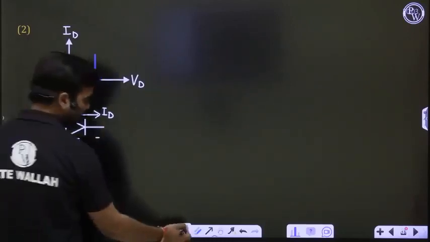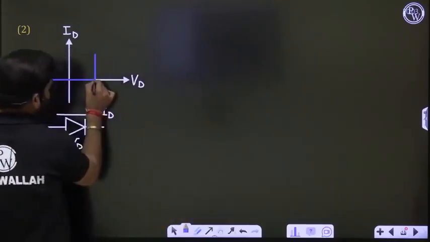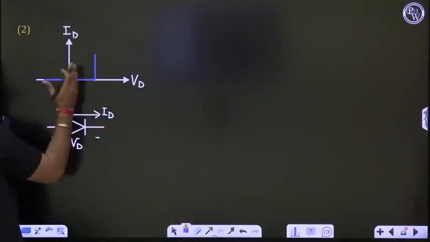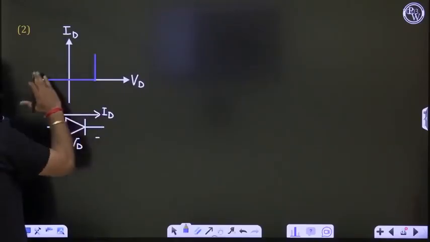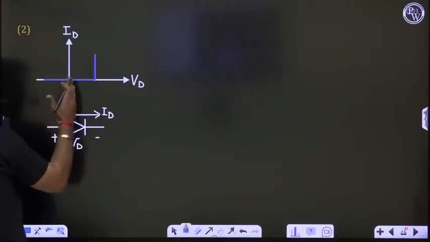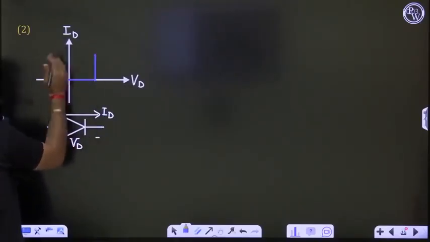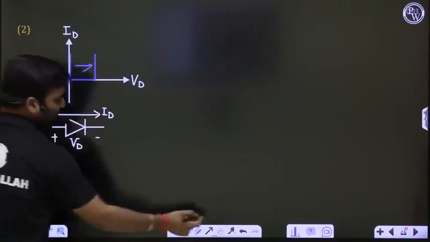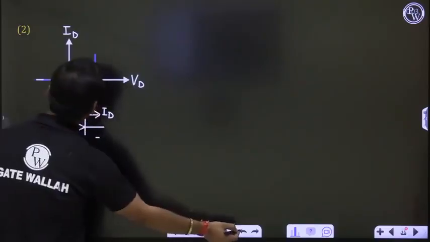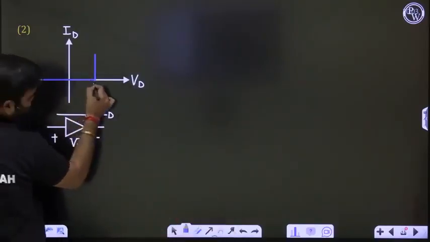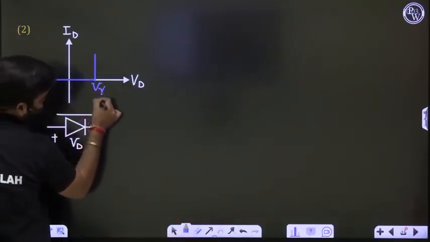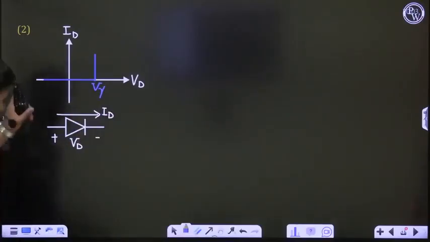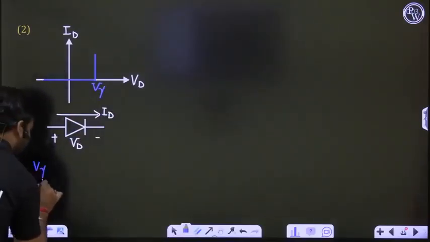In this characteristics, this is the voltage. Earlier that was zero. It is the same characteristic that we have discussed already, but shifted to the right. Earlier it was passing through the origin. Now it is passing through some finite voltage that is called V gamma. And this V gamma is known as the cut-in voltage.